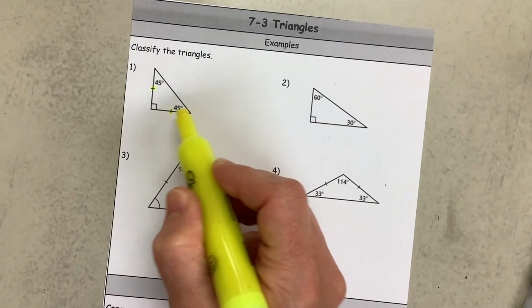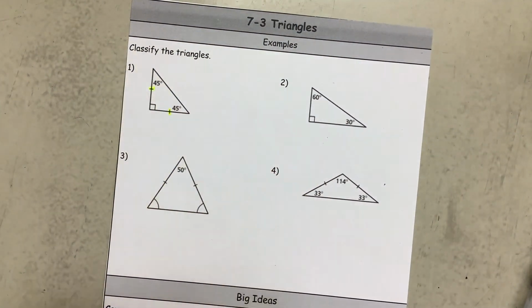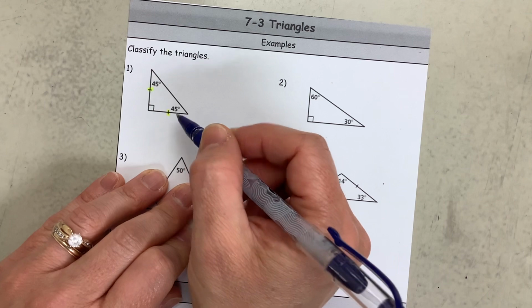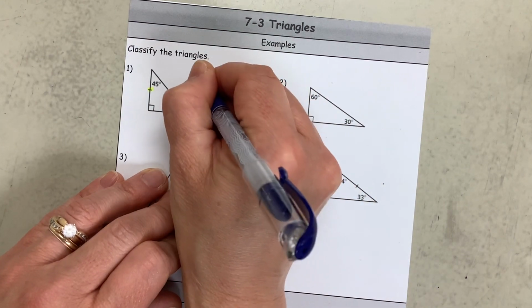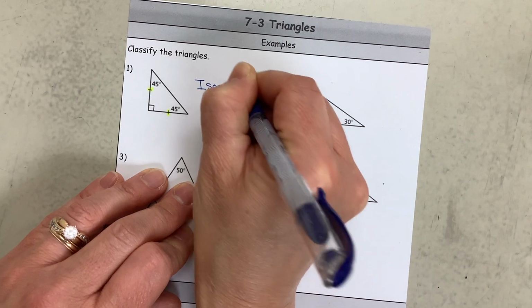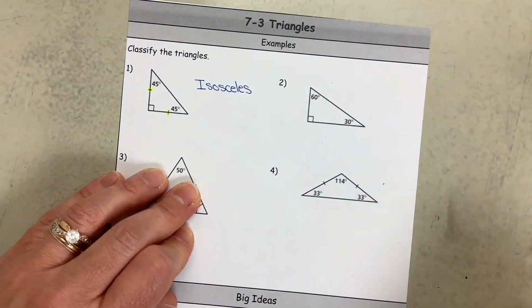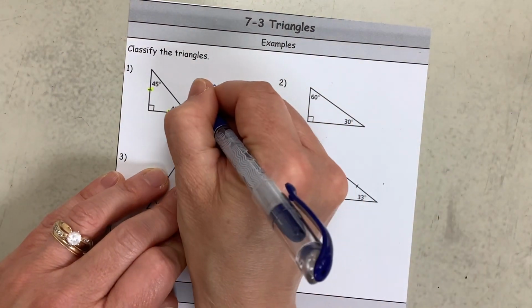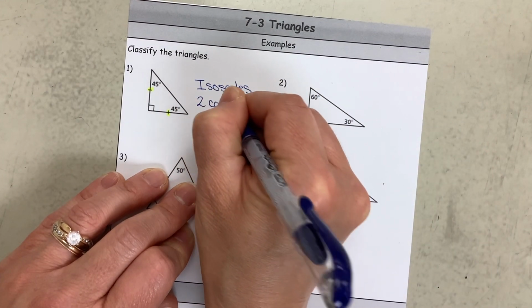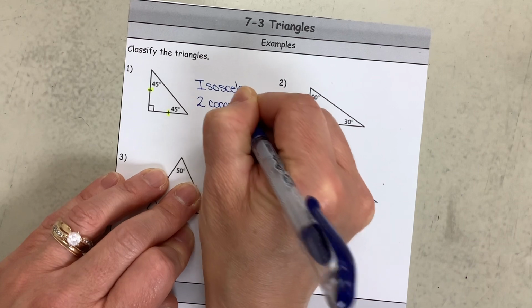So this side and this side are both the same. If you remember back, when we have two sides that are equal, that was known as isosceles. So this has two, and as we learned before, that word is congruent or equal sides.